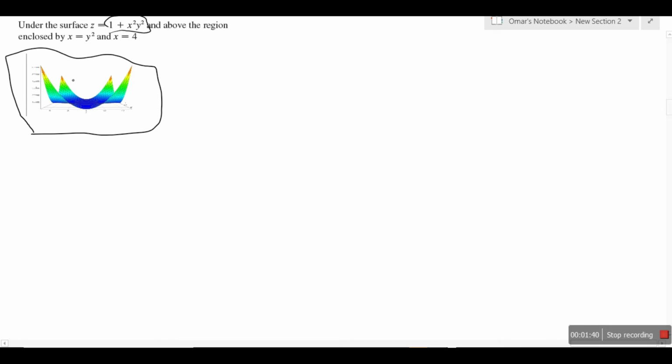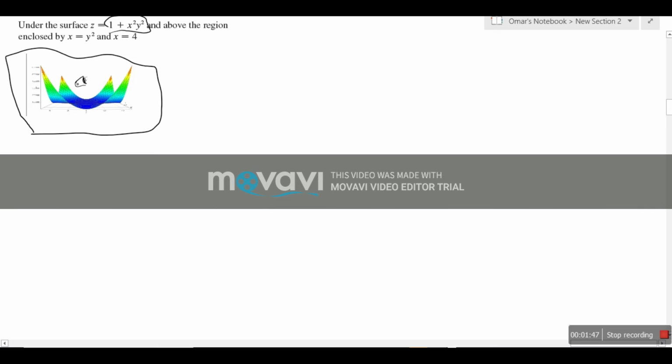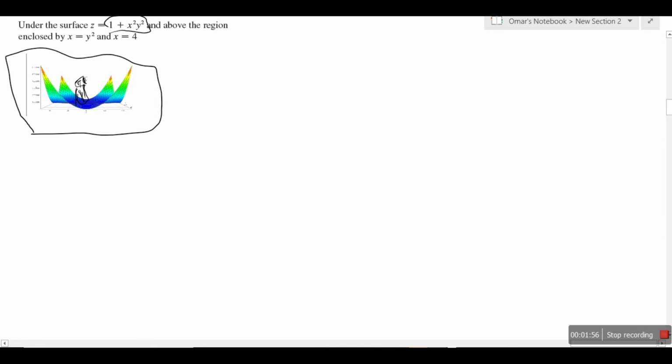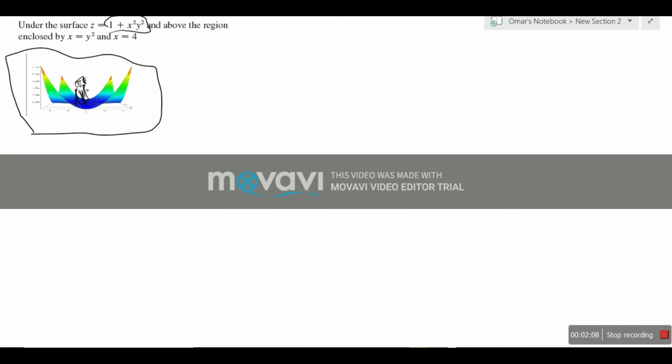So it's going to be a region that's somehow over here, and it has a volume like that, and we want to know what that volume is. Now, as I told you, we used type 1 in the previous example. In this example, we're going to use a type 2 integral. And now we will see why.